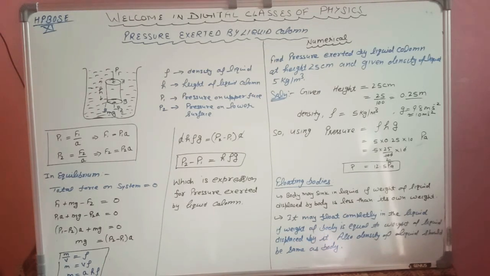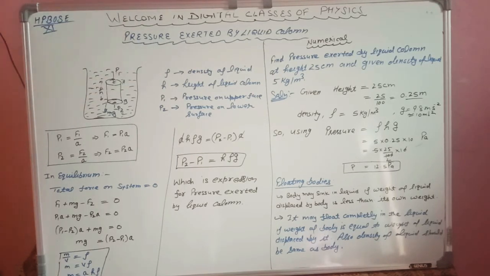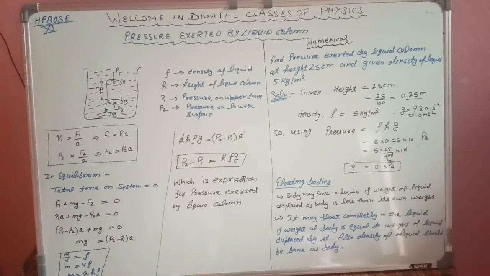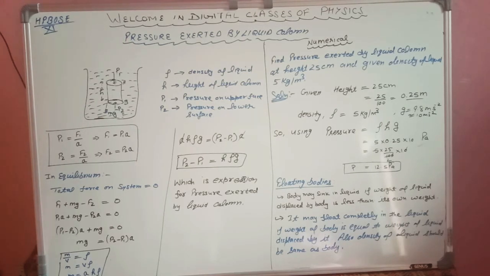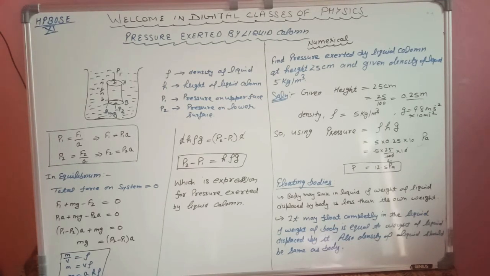Everything is mentioned on the right side: rho means density of the liquid, h means height of the liquid, P1 means pressure on the upper surface, and P2 is the pressure on the lower surface. Students, now you know the expression for pressure. Pressure is defined as force per unit area.